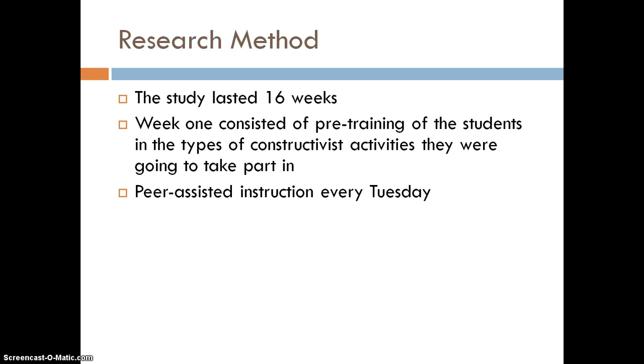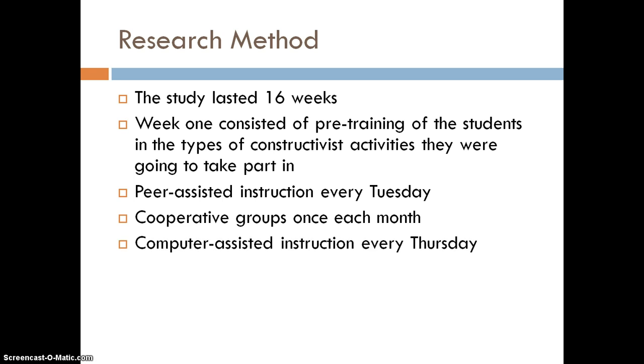There was peer-assisted instruction every Tuesday. There were cooperative groups used once each month, so since it was a 16-week study, we can assume that that occurred 4 times. And then there was also computer-assisted instruction every Thursday in their lab, which they called the CCC lab, for their computer lab.